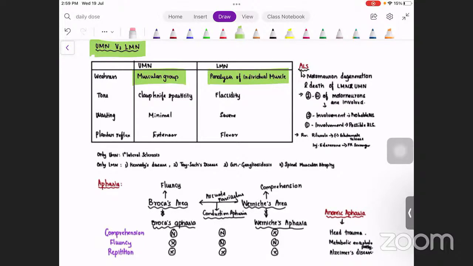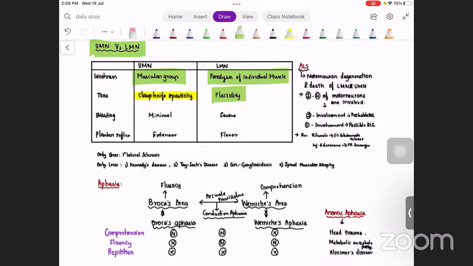Apart from that, for tone, you see clasp-knife spasticity, spastic paralysis, in the upper motor neuron, while in the lower motor neuron you see flaccidity. Spasticity is upper motor neuron, flaccidity is lower motor neuron.